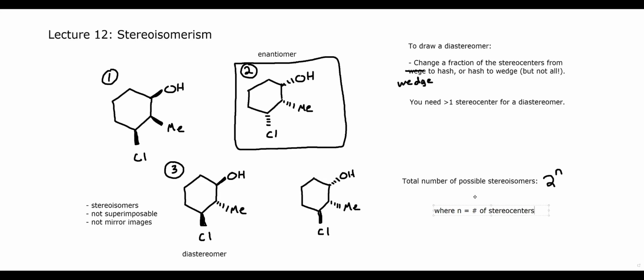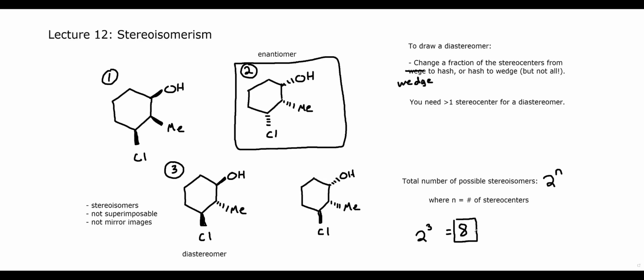N is the number of stereocenters. So if we had a molecule that has 3 stereocenters, like the one above here that I drew, this would be 2 raised to the 3, or 8 possible stereoisomers that we could draw.